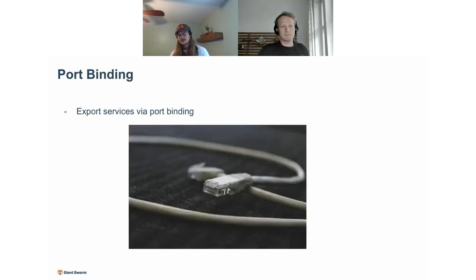So port binding, I won't spend too much time on this one, but port binding essentially is just exporting services, making it easy from the domain level to actually load balance those backend requests. I come from the firewall world, so if I have a connection on port 3000 and that connection's broken, my app's broken, right?